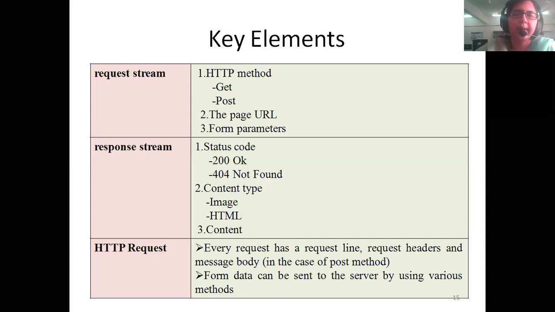So the request packet should consist of the name of the method. Apart from that, the page URLs. Then comes the form parameters. When I say form parameters, I mean whatever the form the user has filled. For example, the user has to enter the name and the USN. So both of these become the form parameters. So all these three things will be a part of the request stream.